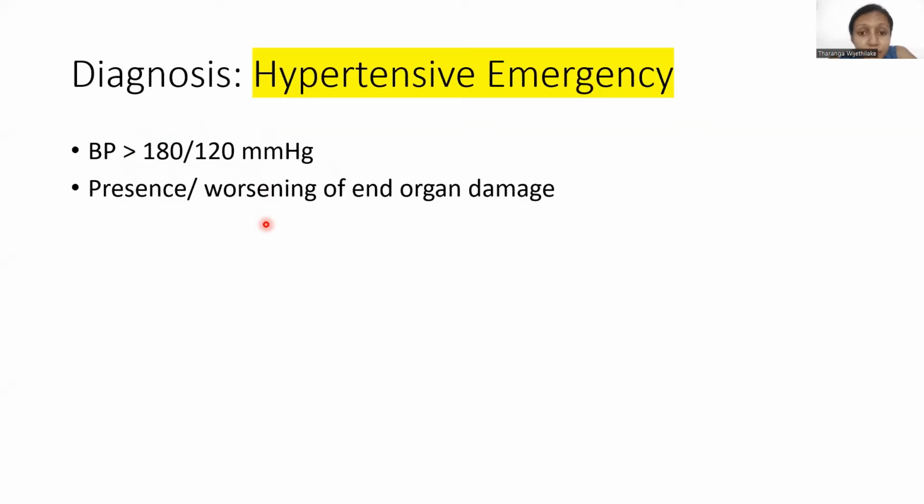So if you have that very high number, and if you have presence or worsening of end organ damage, we should make the diagnosis of a hypertensive emergency. So you need to have a high number, and also you need to demonstrate end organ damage. The latest term for this end organ damage is hypertension mediated organ damage, which could be chronic or acute.